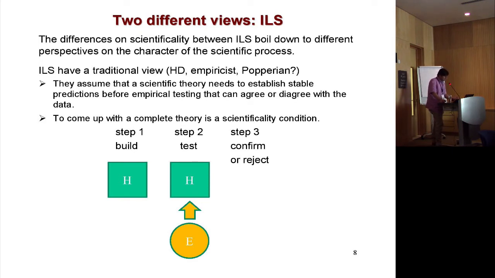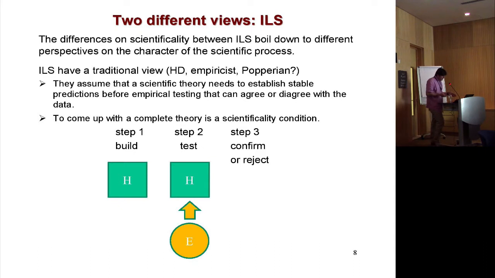One aspect of this is that they de-emphasize the concept of confirmation. So they don't talk about confirmation of theories, they talk about testing theories, they're talking about favoring or disfavoring theories, but they don't talk explicitly about confirmation.